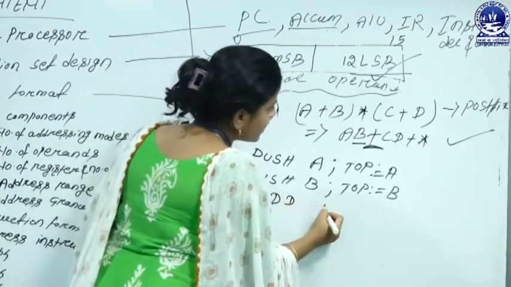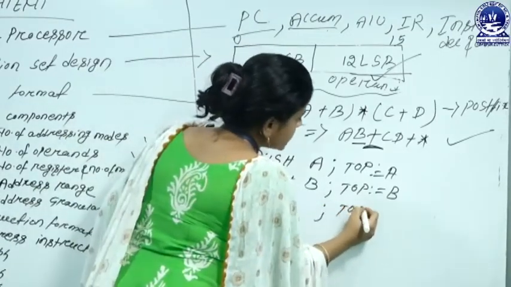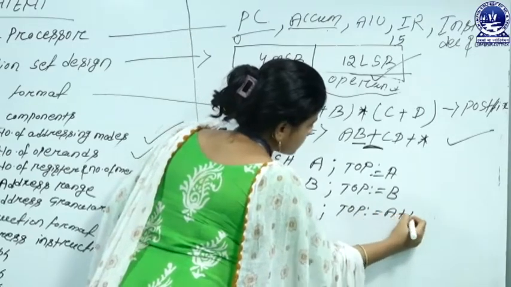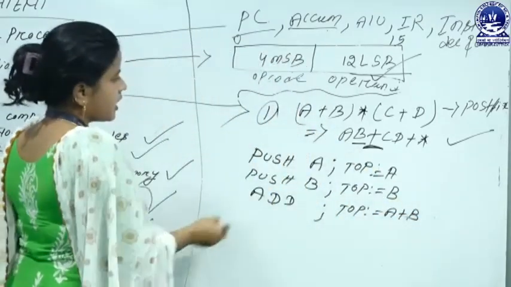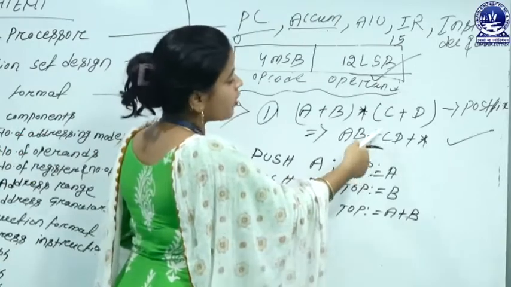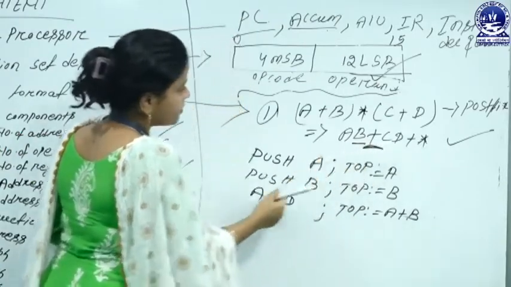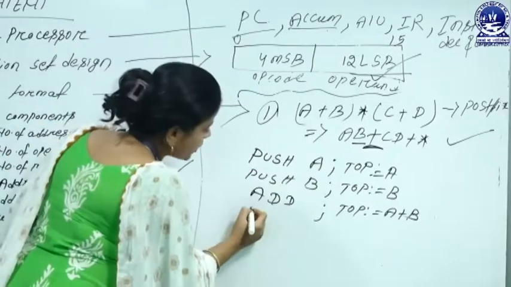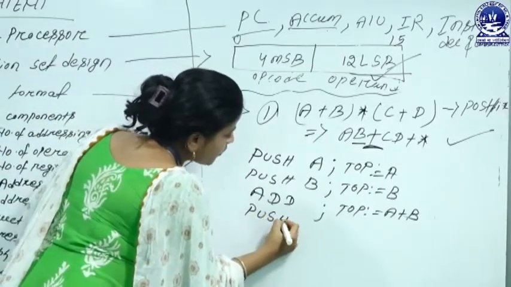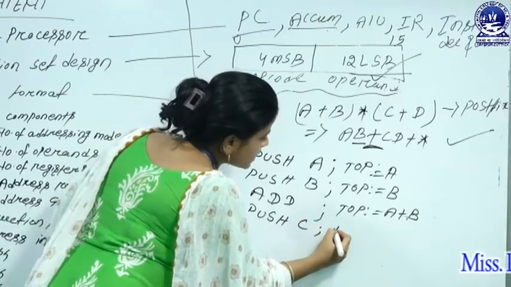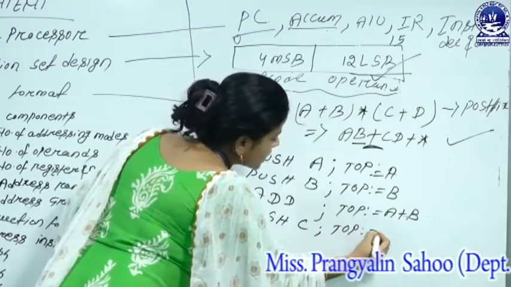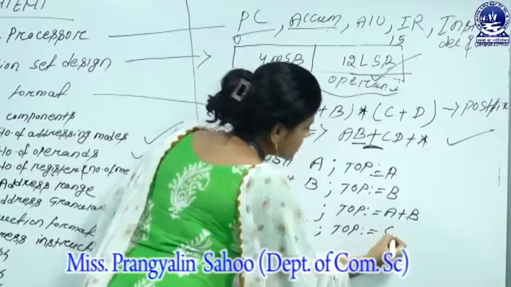So now the top of the stack contains A plus B. Okay. After that, again check which operand or opcode arrives. Here an operand arrives. That means you have to insert the given operand. So now insert the operand C. That means now the top of the stack contains the value C.